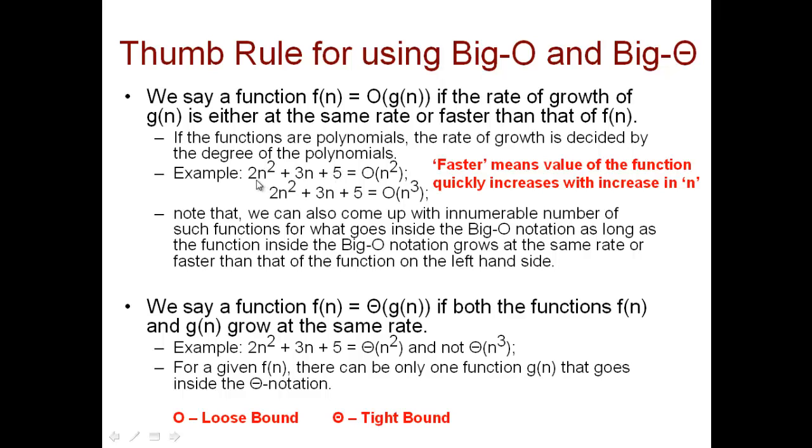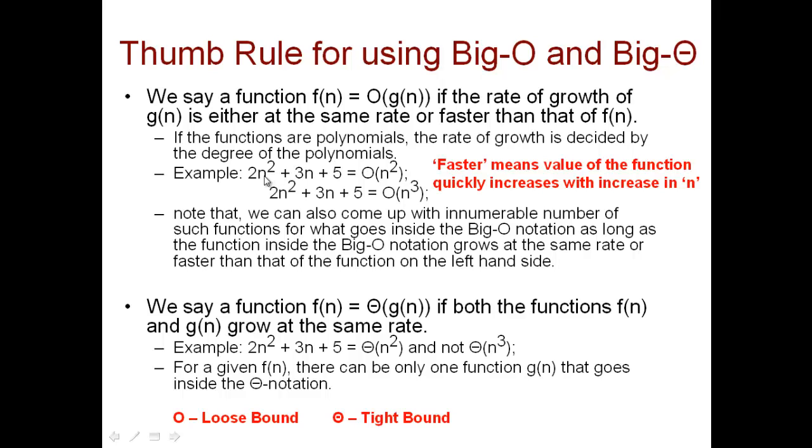The intermediate steps that we will follow is we will omit the lower order terms. In this function there are three terms: there's a 5, there's a 3n and there's a 2n square. Among these three terms, as n increases, 5 is a constant, its value is not going to increase. 3n, of course, its value will increase, and then you have 2n square whose values will also increase.